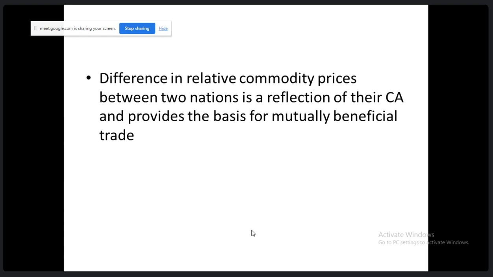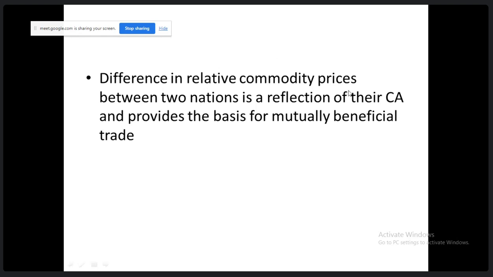Now Haberler has given in 1936 the same comparative advantage theory in terms of opportunity cost. So he says that the basis of mutually beneficial trade is not the labor cost that we are looking at. It is basically the opportunity cost.